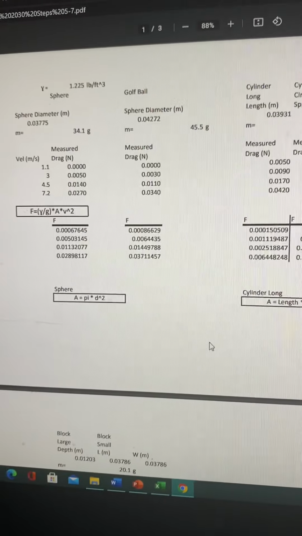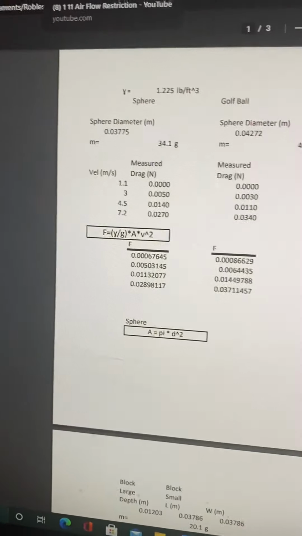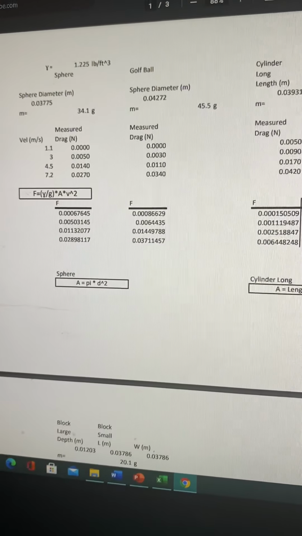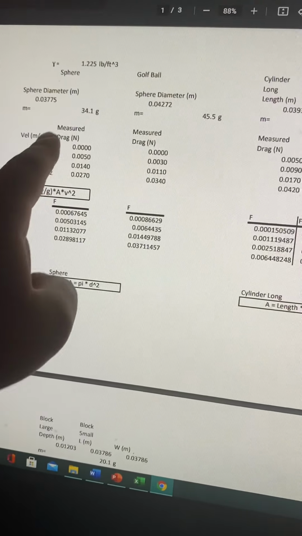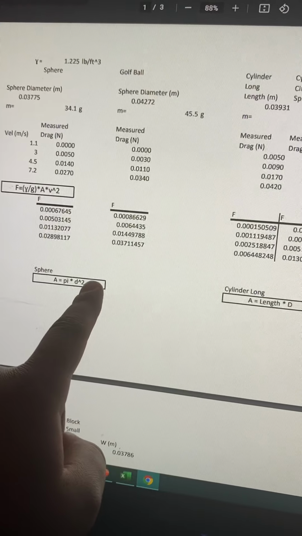I was thinking of just adding the mass once we get this calculated, but that would give an inaccurate answer. So this is the equation we used to solve for the sphere area. I got pi times diameter squared.